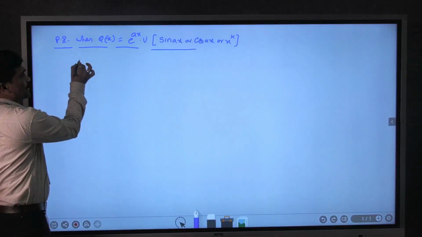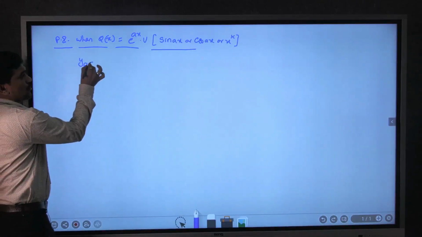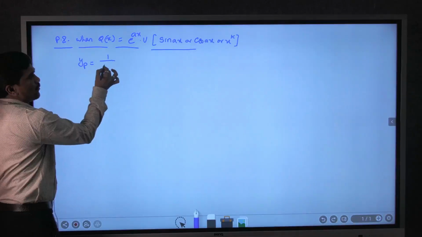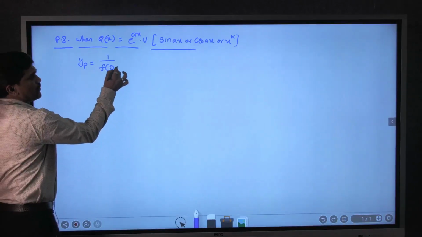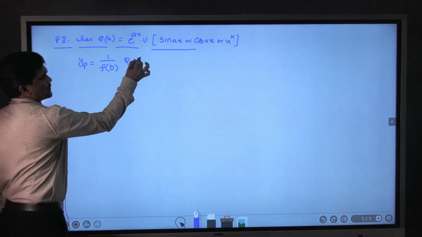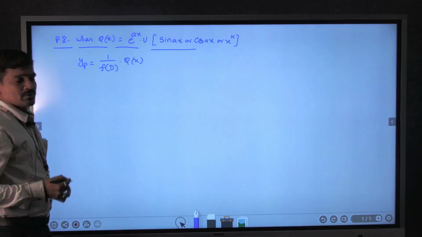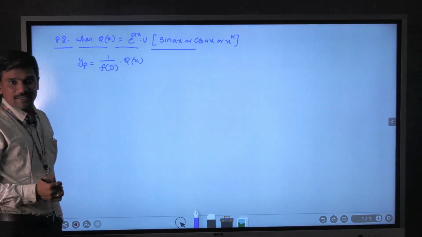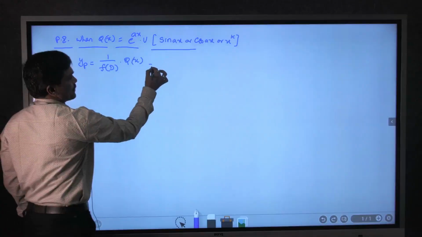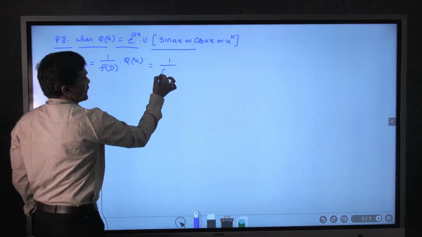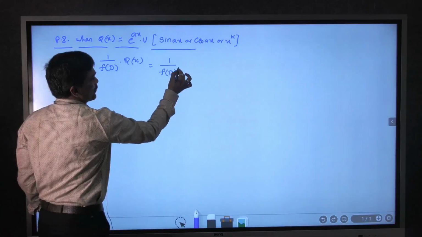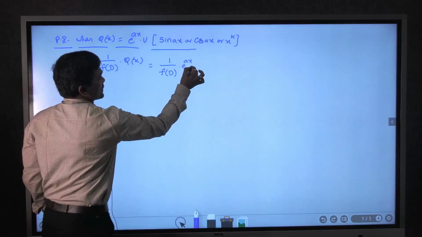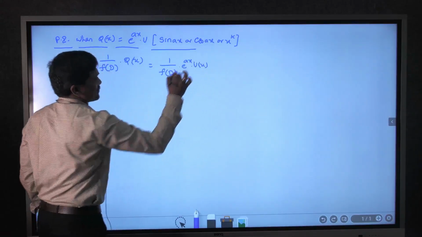Now the particular integration is written as yp is equal to 1 by f of D into Q of x. Now what is Q here? Q is e power ax into V. So that's why we write 1 by f of D into e power ax into V of x, right?